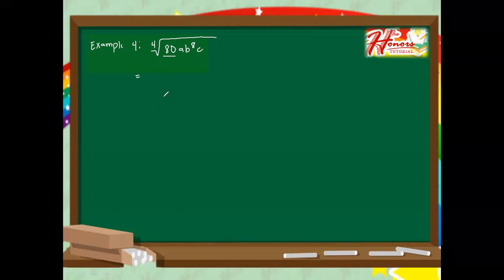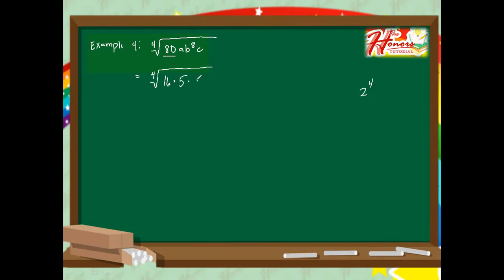So we can say that we have here the fourth root of 16 times 5. 16 times 5 is equal to 80, and 16 when converted into exponential form, it could be 2 raised to 4 like this. So that's why it is possible to have 16 here.